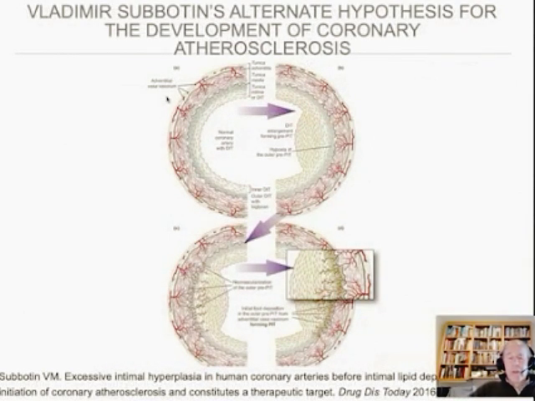And so Subotin comes up with his own hypothesis of what's happening, and again, this is hypothetical. He says that the cells in the tunica intima start to proliferate and grow for whatever reason. They are stimulated to grow.